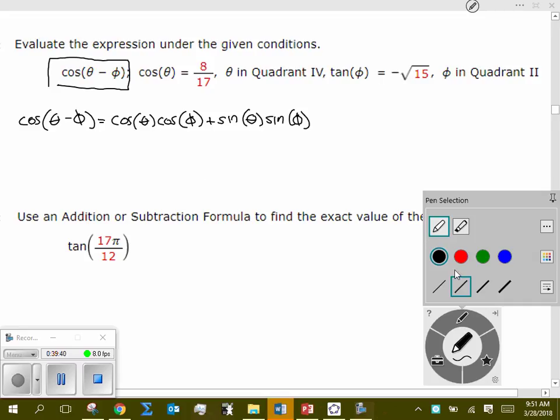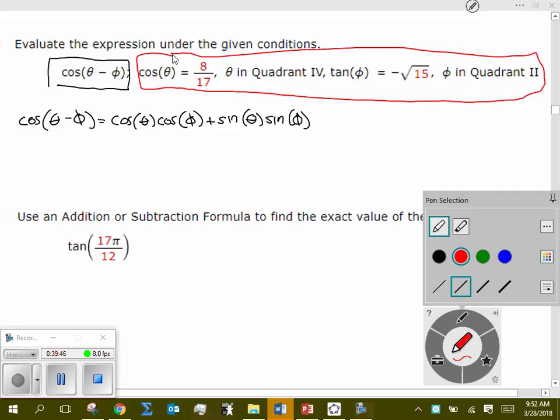Now, looking at the rest of the problem, we need to evaluate this thing. So we need to be able to plug in what is cosine of theta. Do we know cosine of theta? It's 8/17, right?